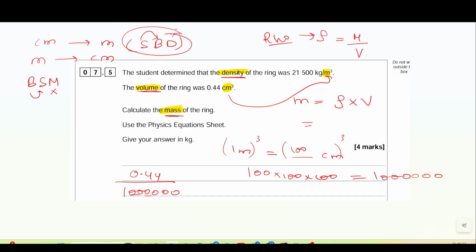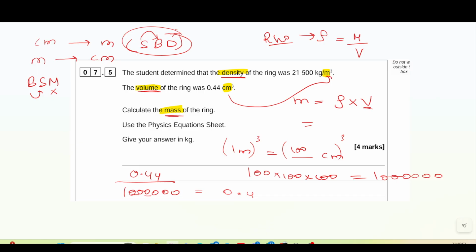So 0.44, we divide it by this, and what we will get is 0.0000044. Now you will multiply this with the density, because this is our volume, right?